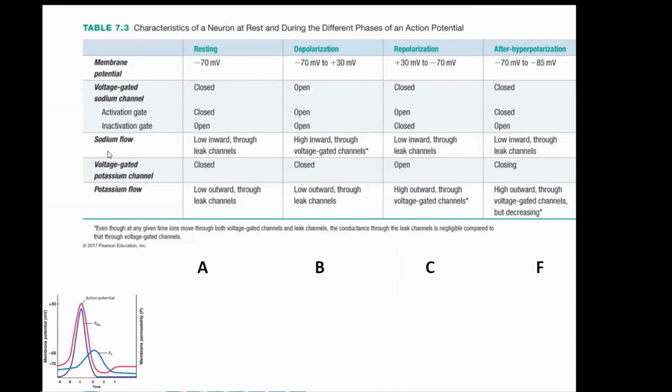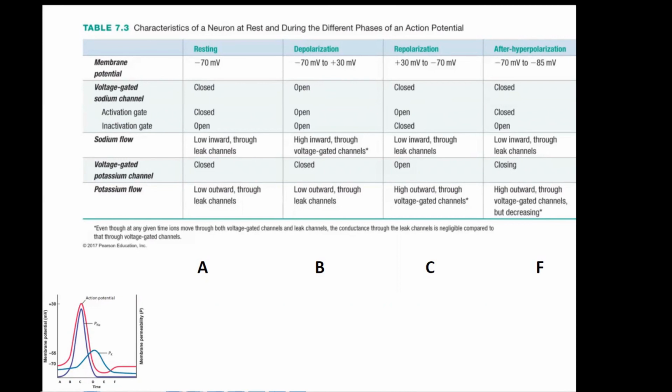For number 2, which voltage-gated channel is open during depolarization? It's sodium. Number 3, what's closing about a millisecond after depolarization? The thing that closes as we repolarize is the sodium gate, specifically the sodium inactivation gate, so sodium can't flow in anymore.